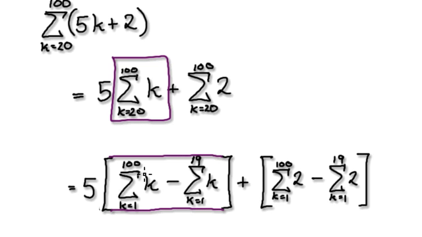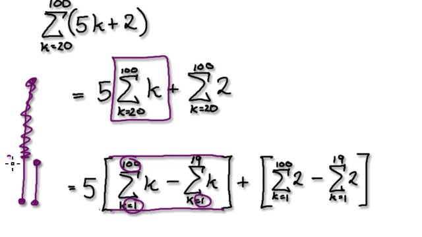Get it from 1 to 100, and then take away from 1 to 19. So what's left is 20 to 100.